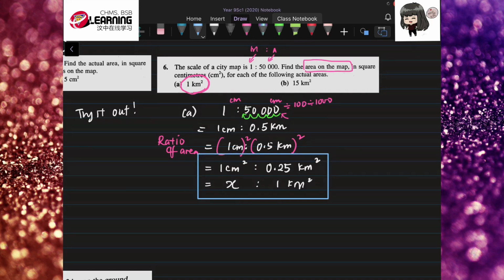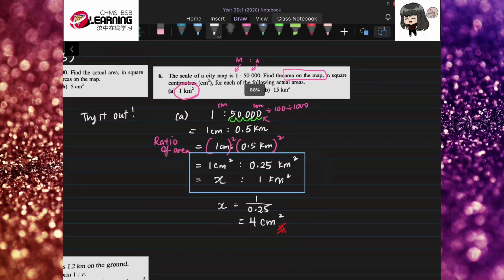It's 1 divided by 0.25, which equals 4, and it's in centimeter square. You follow the unit from the top. This both is kilometer square, so the one at the bottom here is also in centimeter square. You follow the one on the top. So we found the answer for part A.